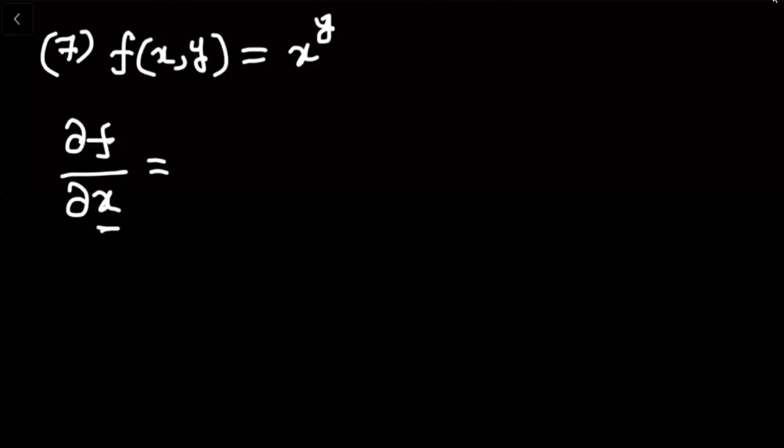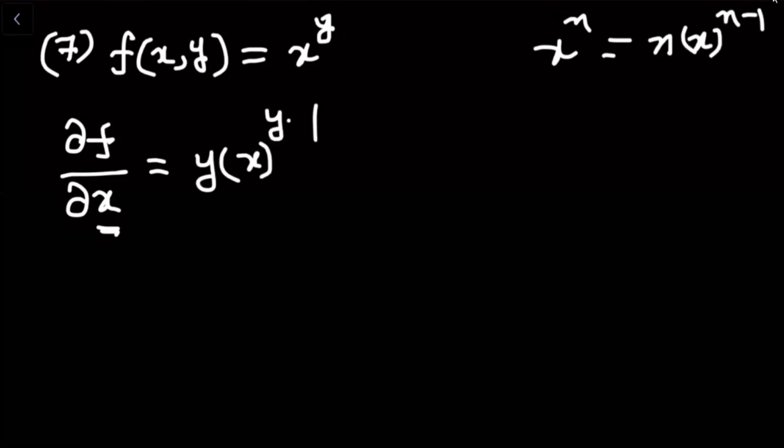Differentiating with respect to x, treating y as constant, x^n gives n x^(n−1), right? So therefore, y times x^(y−1). We can confidently write this because y is a constant with respect to x.